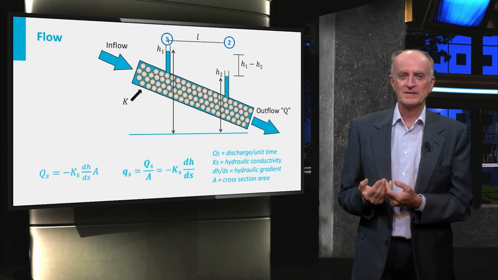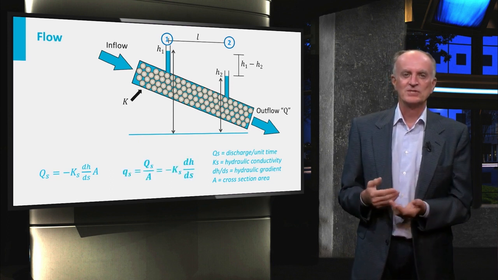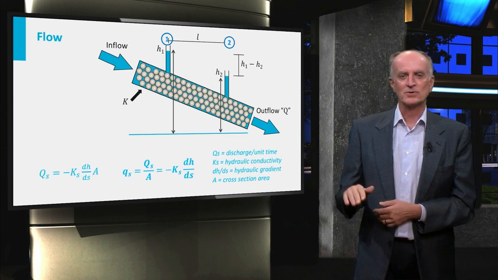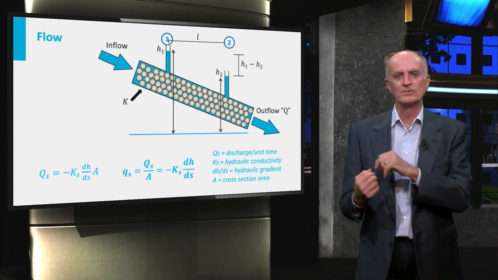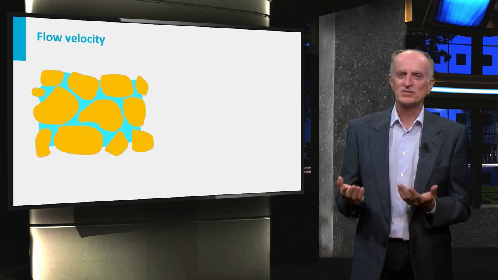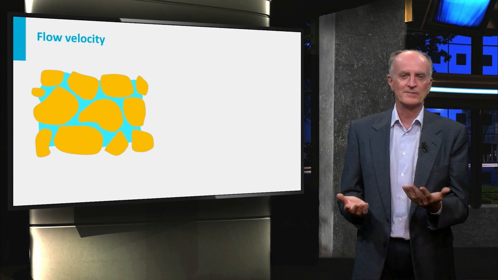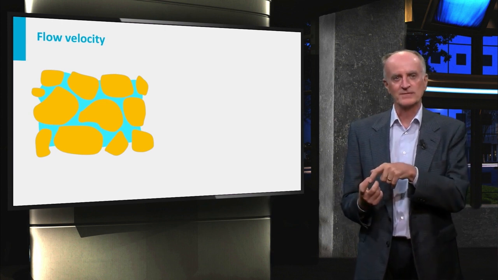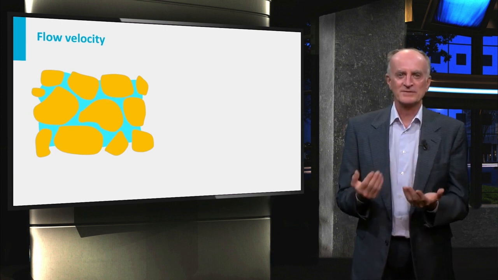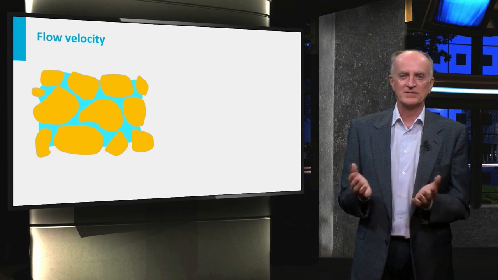A useful parameter is the specific discharge, which is the discharge normalized by the surface across which the fluid flows. The specific discharge provides a description of the average velocity of the fluid, water in our case, across a unit surface.